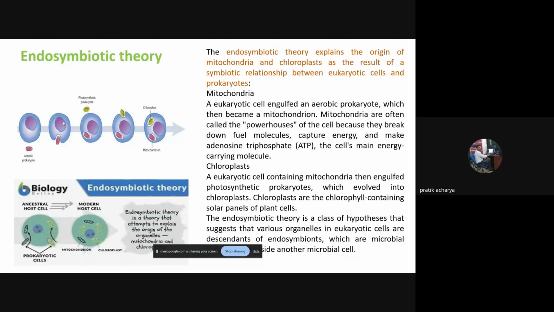For your knowledge and understanding, I'm just giving the idea of how this endosymbiotic theory explains the origin of eukarya, and the origin of eukarya explains the domain of life and the significance between eukarya as well as archaea. Okay, so this is the condition.